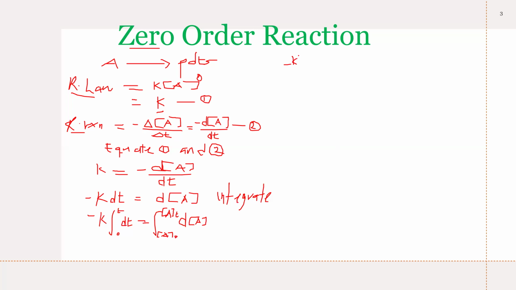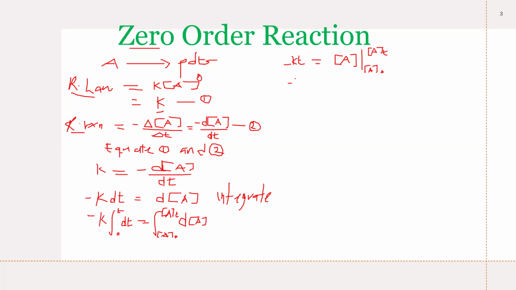So we have t on one side and the concentration of A on the other, with the concentration of A changing from A naught to A at time t. Now we substitute these limits, subtracting the initial value from the final value.